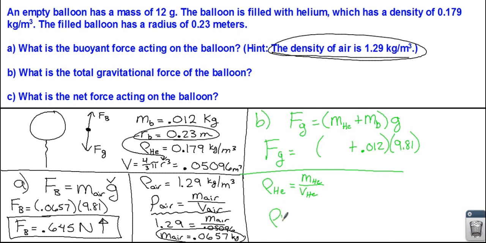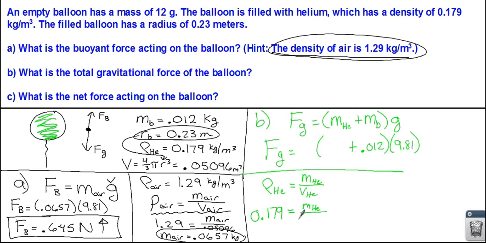Density of helium was given to us as 0.179 kilograms per cubic meter. We don't know the mass of the helium. The volume of the helium, well, I filled this balloon completely up with helium, so whatever the volume of the balloon is, that's how much helium I put inside.